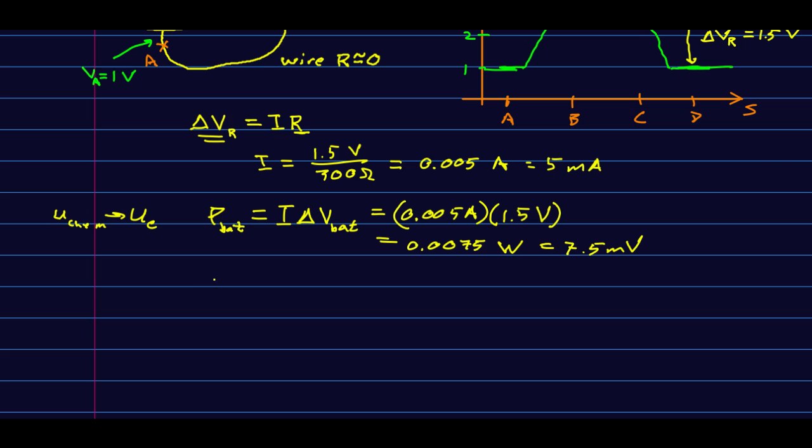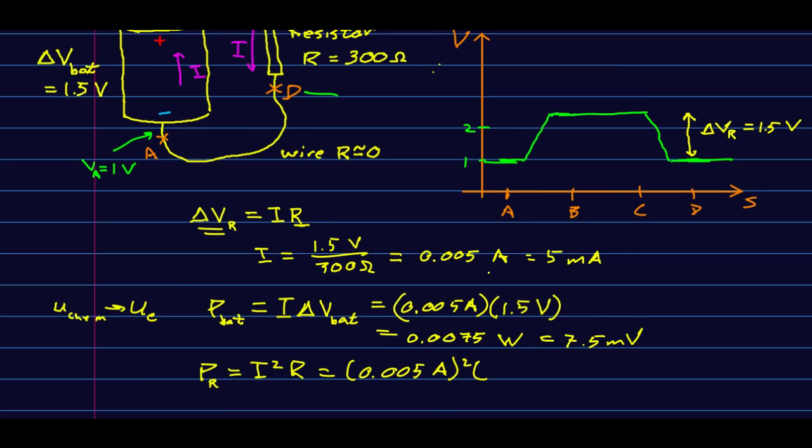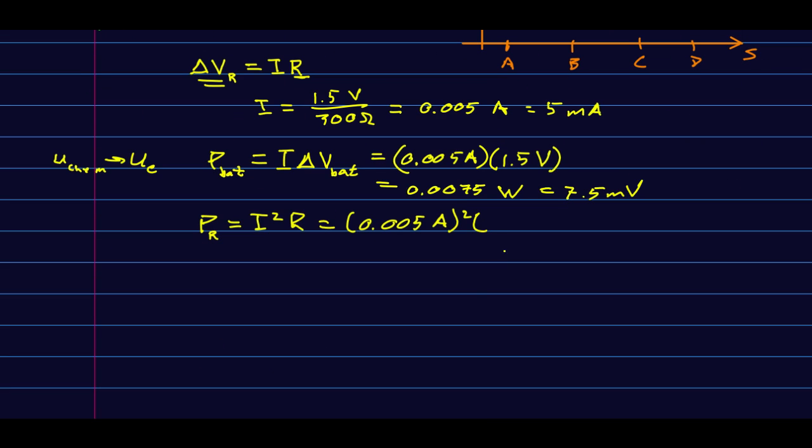Let's double check now for the resistor. So we could calculate it actually the same way, but I'm going to make a point of doing it using this form. And so it is 0.005 amps squared times the resistance in this resistor, which was 300 ohms.